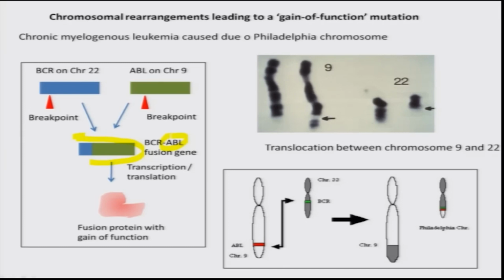So when the protein is coded, you are going to have part of BCR and a large part of ABL expressed together, and this protein has a gain of function, it normally should not express, but now it expresses because of the fusion. When it expresses, it drives the cell to divide and form cancer, right. So the translocation results in the cancer.